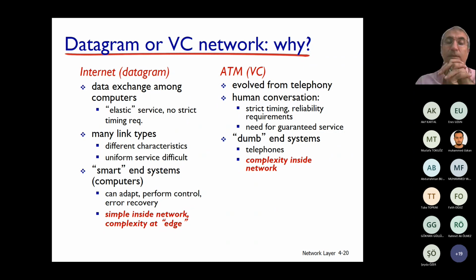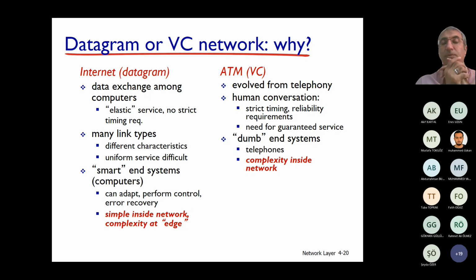Basically, it's really hard to provide a uniform service from source to destination, complete fiber optics or complete Ethernet. So at each stage, we may have a different type of link, as I mentioned. In this type of network, we utilize smart end systems, which are the computers. You can do many things with computers, right? You can adapt, you can perform control, you can recover from errors, bit errors, and so on.